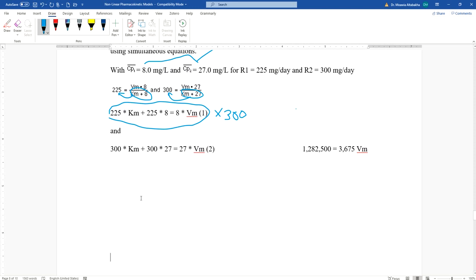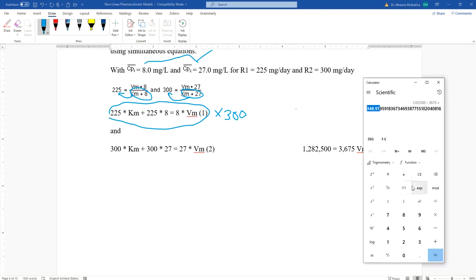Okay. First, let me solve this one. 225 multiplied by 8 is equal to 1,800.